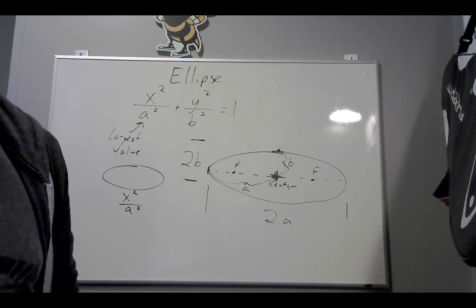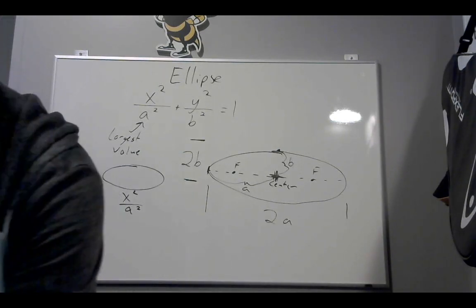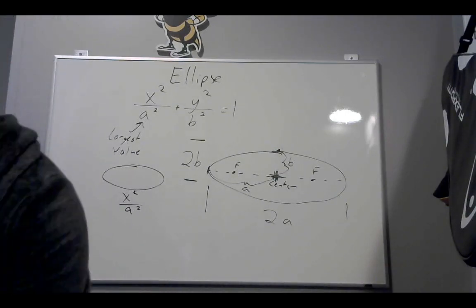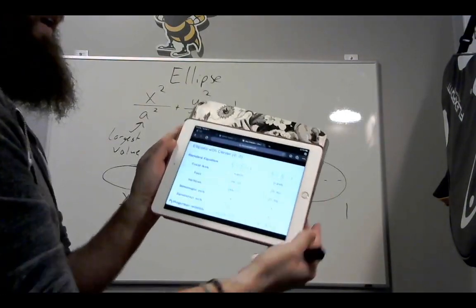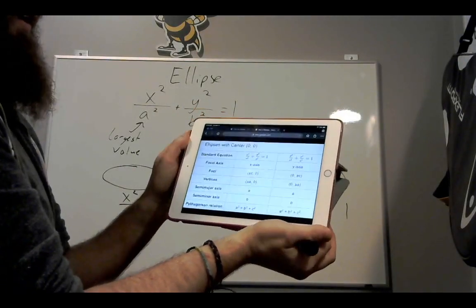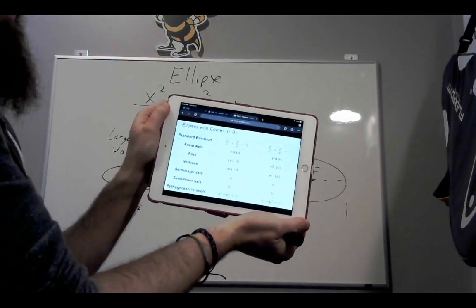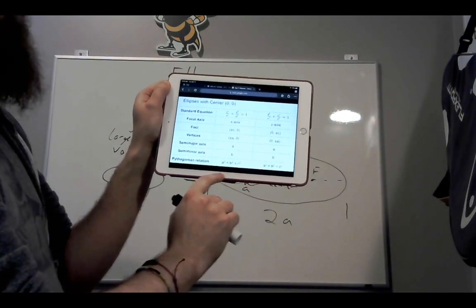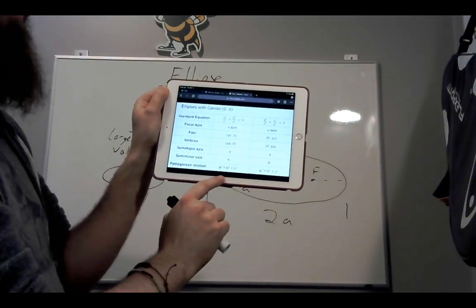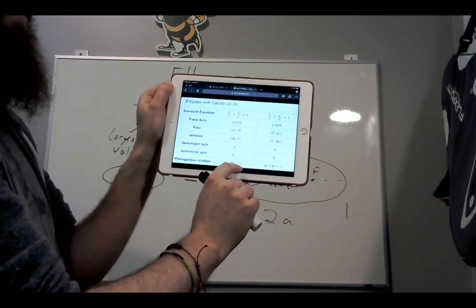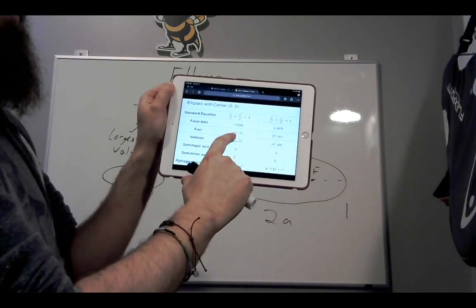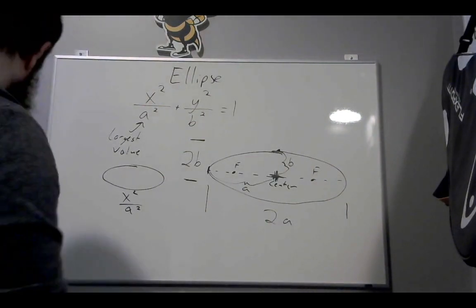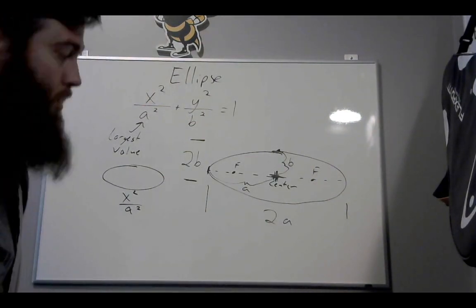So let's look through. One thing you hopefully saw when you were looking at this lovely chart was that we have a Pythagorean relationship. This Pythagorean relationship is going to be very important. This c is the distance from the center to the focus. So let me draw that for you.